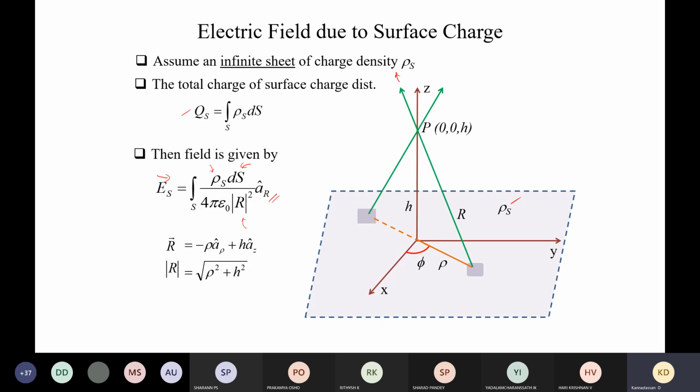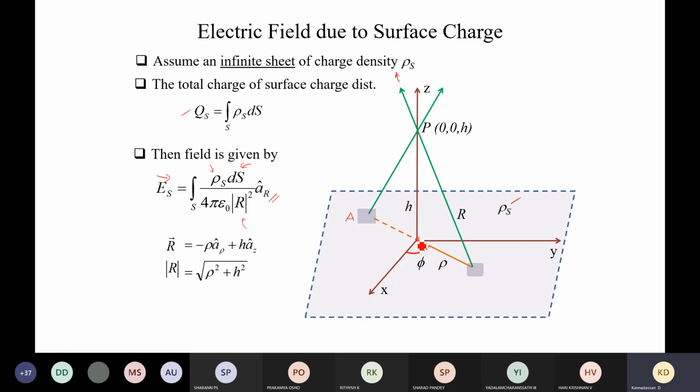This is with respect to the cylindrical coordinate system. So first we are defining this rho. We are going to take this surface A. The surface A is located at an arbitrary point from the origin, and this origin is kept in such a way that it is just below the desired location, point P. Point P is located at 0, 0, h, at a height.